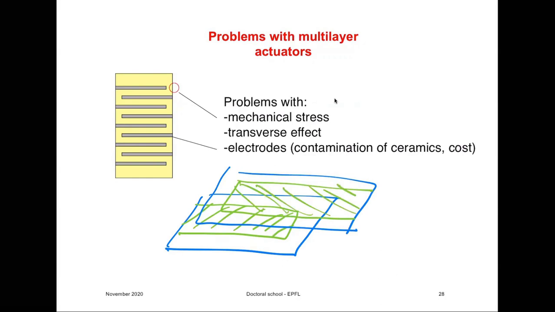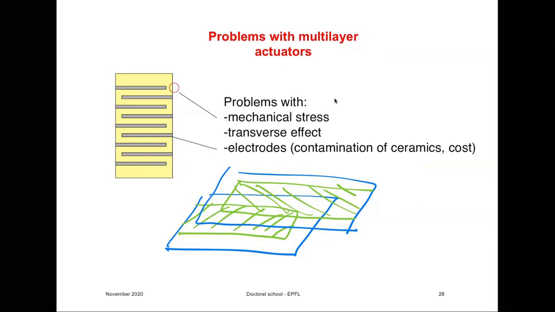You get very thin layers, so you need very small voltages. And then after you screen print all these electrodes, you press everything, put it in a furnace, you remove the polymer, and you get just ceramics and electrodes which are fused, sintered together.